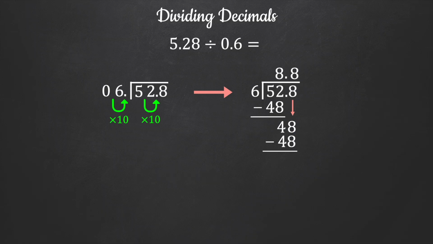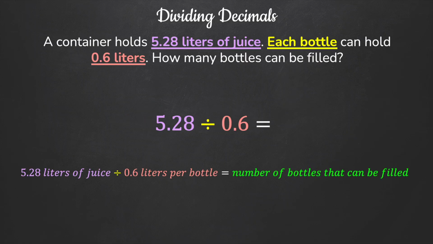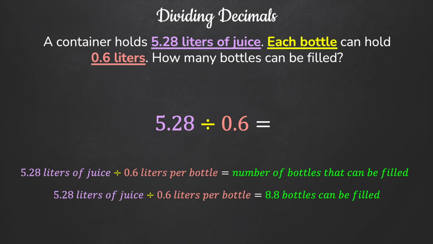So now we're going to go ahead and subtract. 48 minus 48 is equal to 0. So we do not have a remainder. So that means that 5.28 liters of juice divided by 0.6 liters per bottle is equal to 8.8 bottles that can be filled. That's basically 8 full bottles and part of another one.